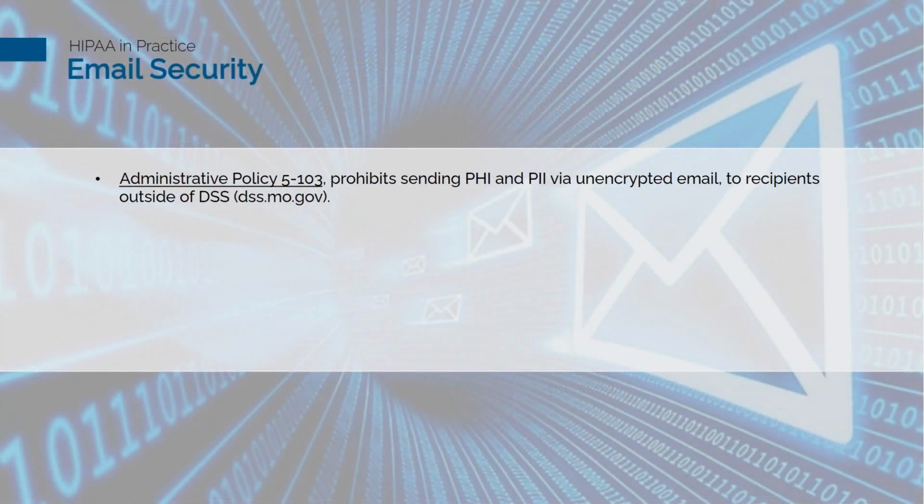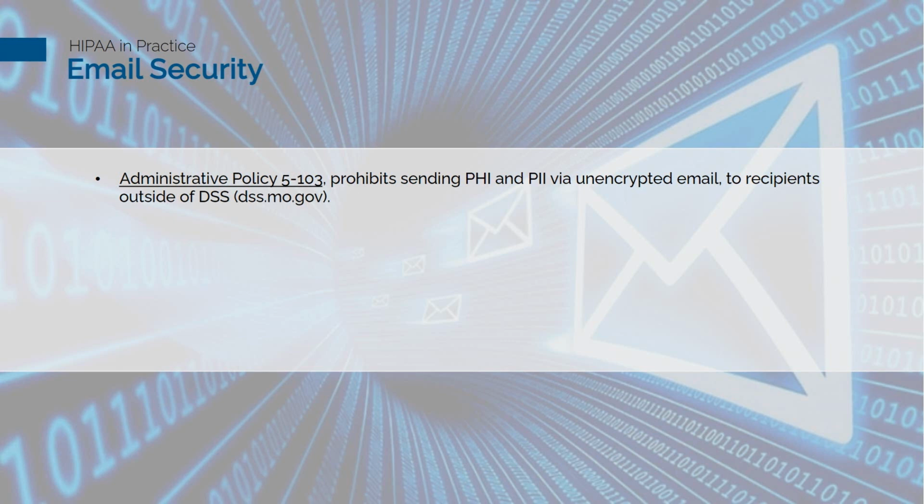Encrypting an email converts an original message into unreadable text. An encrypted email makes it unlikely anyone other than the receiving party who has the key to the code would be able to decrypt or translate the email. Policy 5-103 prohibits sending PHI and PII using an unencrypted email to anyone outside of DSS.